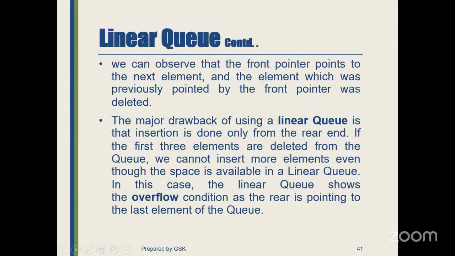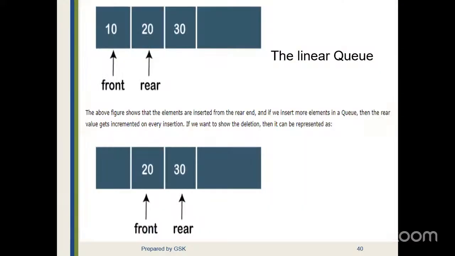We can observe that the front pointer points to the next element and the element which was previously pointed by the front pointer was deleted. Just now we covered that, right? When the front pointer points to index 1, the previous index value 0 will be deleted automatically.